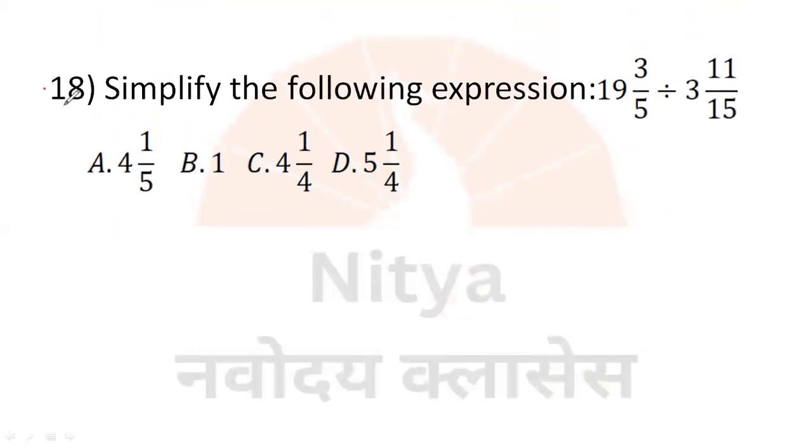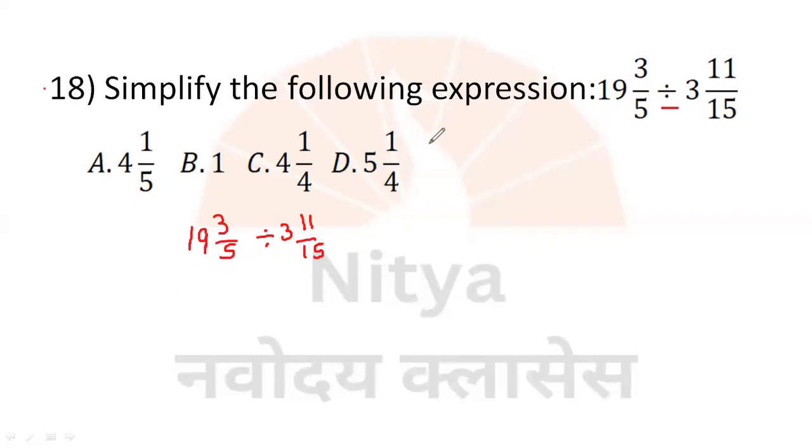Simplify the following expression: 19 and 3 by 5 divided by 3 and 11 by 15. We know that when we have to divide fractions, we have to first convert these mixed fractions into improper fractions.